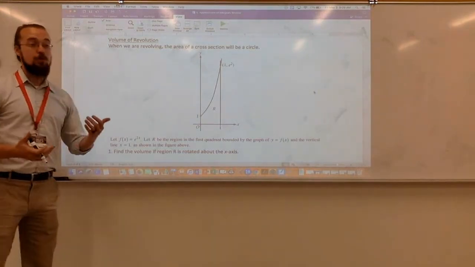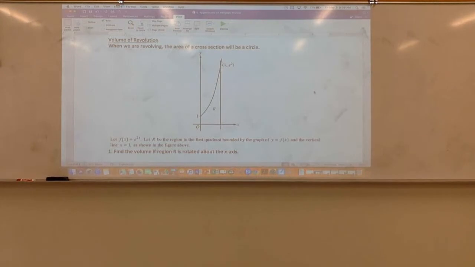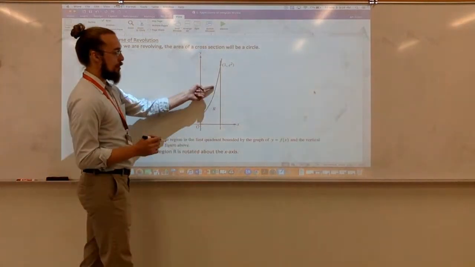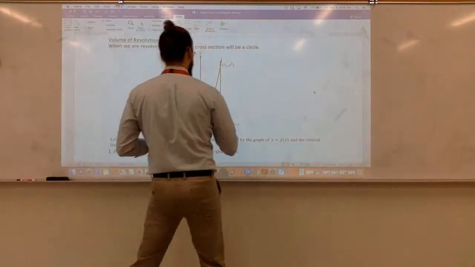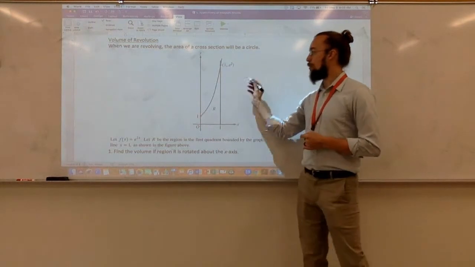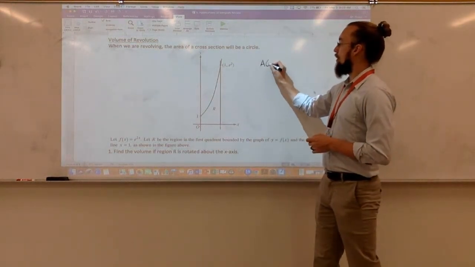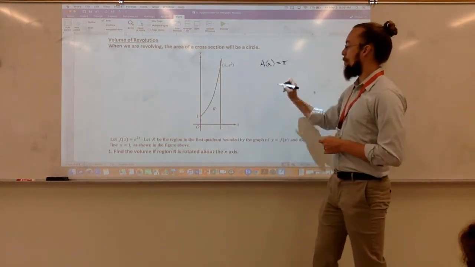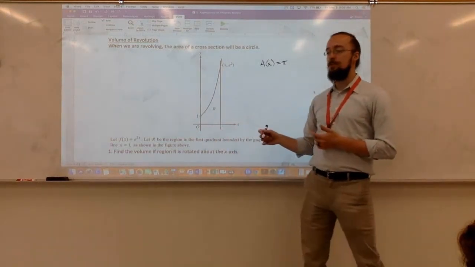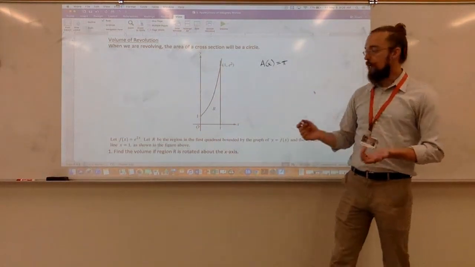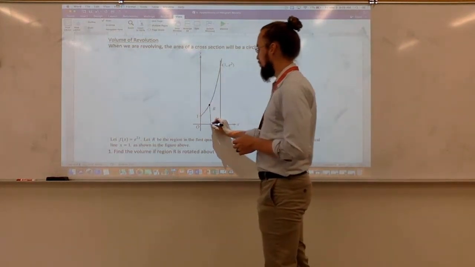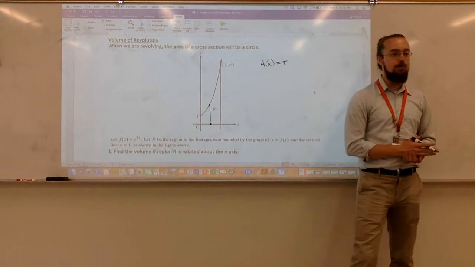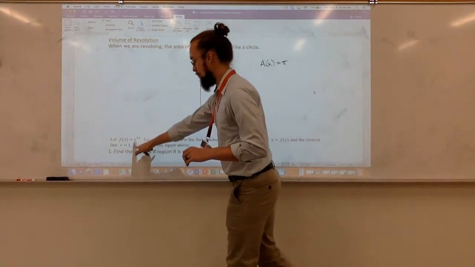My goal is still to write an area of a cross-section function. If I revolve this about the x-axis, the area is going to be a circle. So my A of x is going to be pi times the radius squared. The radius is the distance from the function to the axis of revolution, and that's just this function.